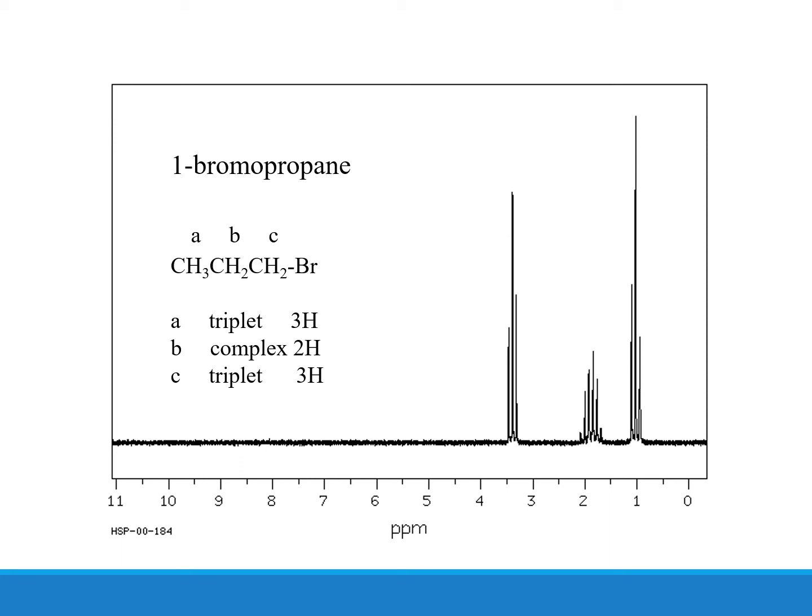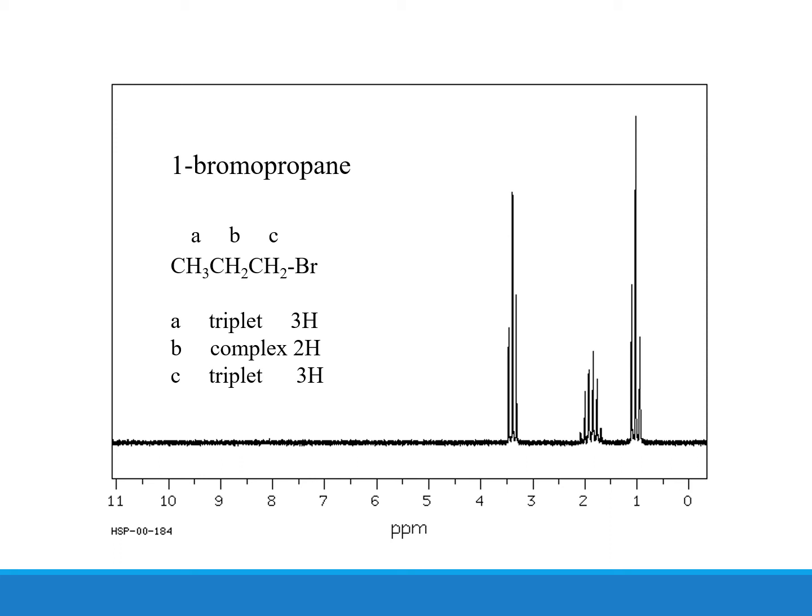So 2 plus 3 is 5, 5 plus 1 is 6, then you will have a sextet. Okay, that's why splitting above the quintet, and sometimes above the quartet, is regarded as multiplets or complex splitting.